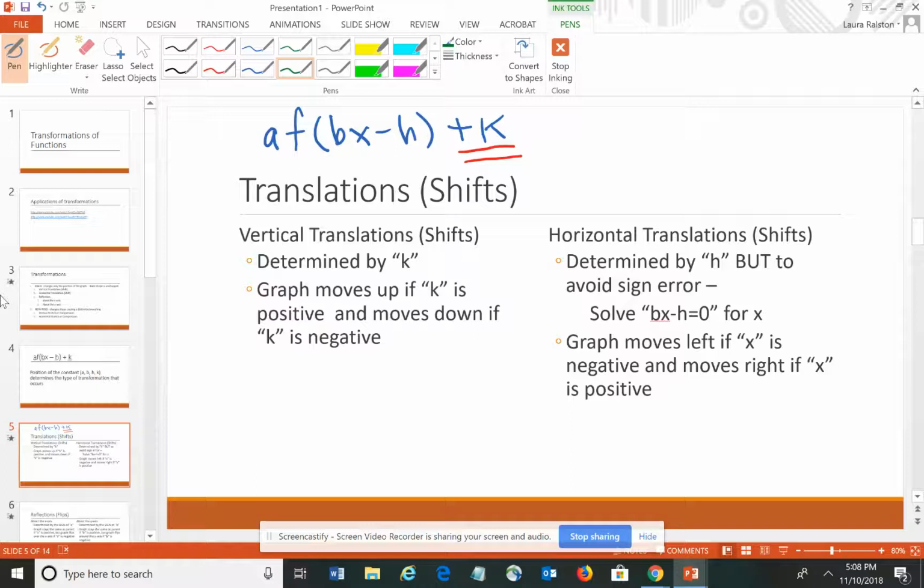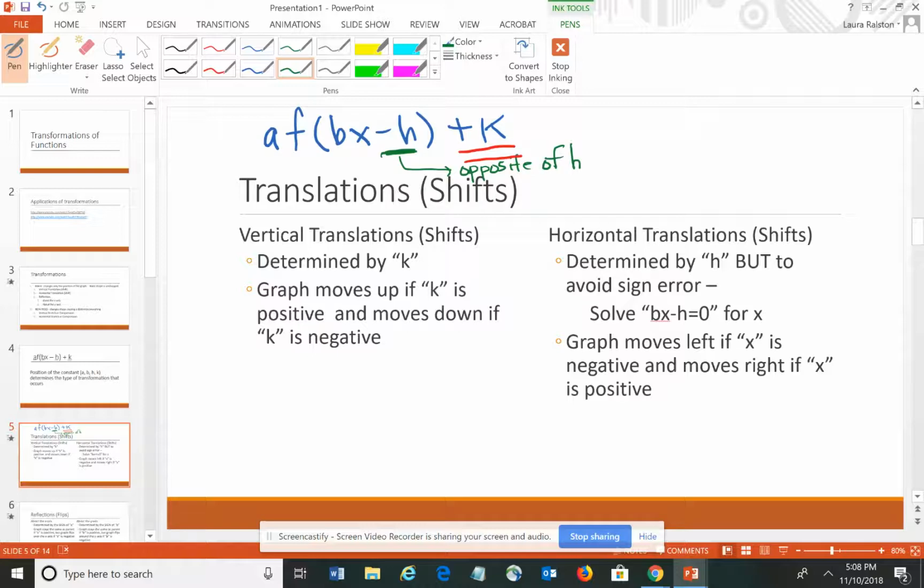Horizontally, the horizontal shift, moving it around, is determined by h. But you've got to be careful because in this formula, notice that it's minus h, or we read that as the opposite of h.